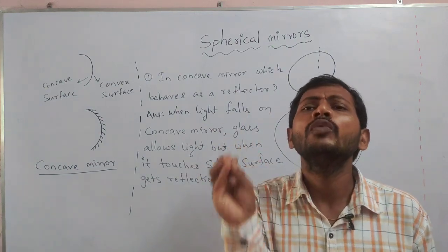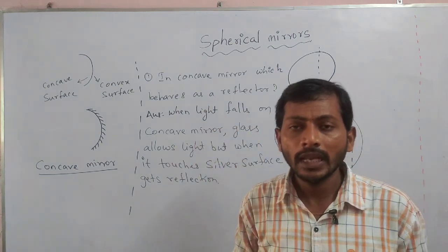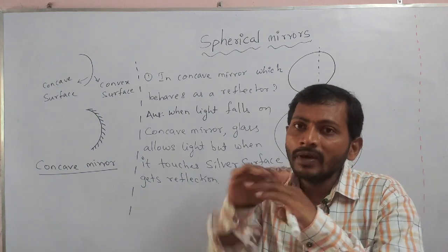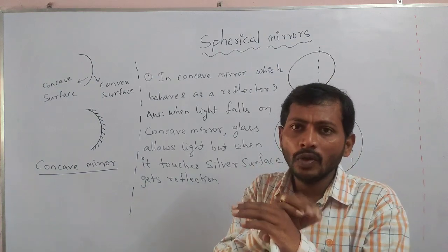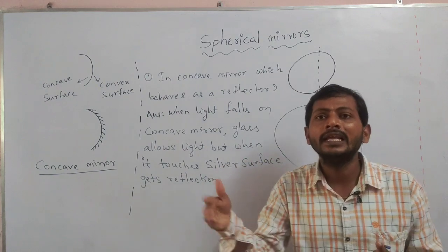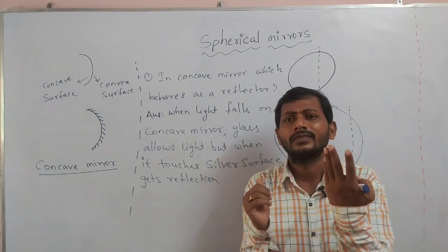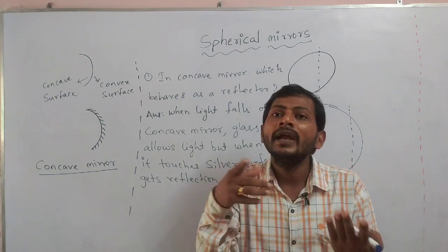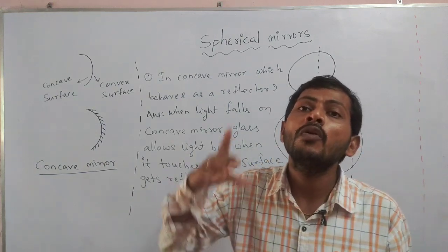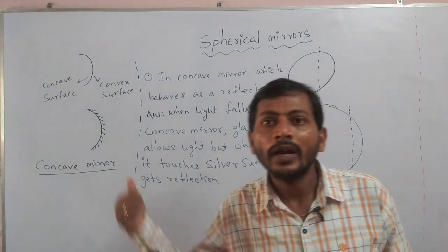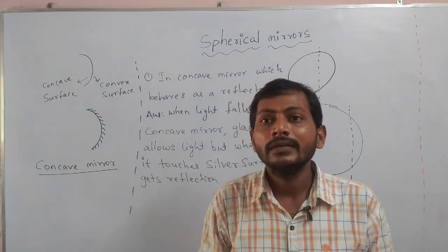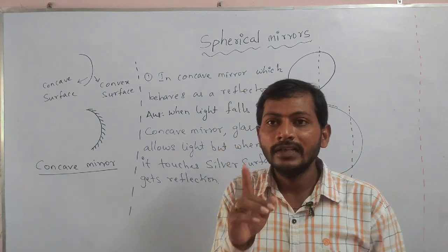Generally they will ask, why do we apply the color? Then I am going to say, silver is very soft. When we use it in daily life, it is going to get scratches. That's why, to avoid the scratches and to give more life to the mirror, we are coloring it. Is it clear?